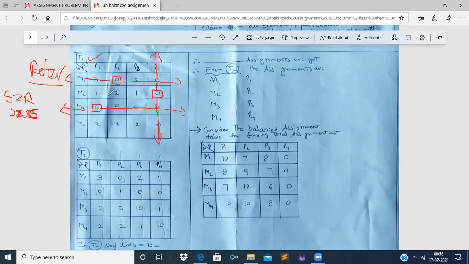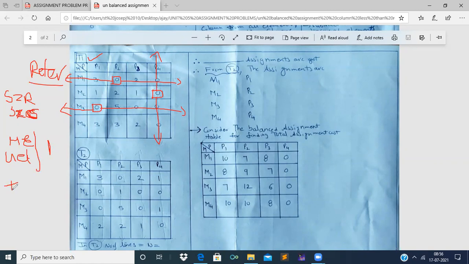Now, the minimum element of all uncovered elements is equal to 1. What we have to do?